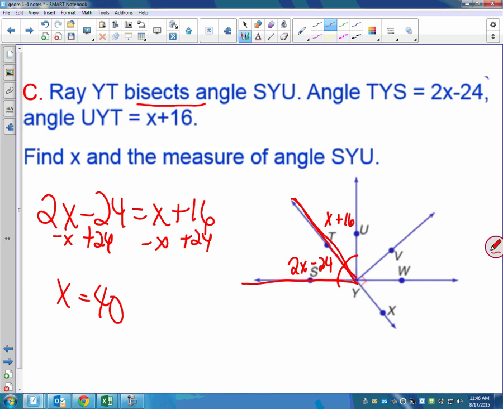Pretty sure. So what happens when we do SYU? Was it really 90 degrees? That doesn't even look right, does it? That means it's 112? Is that right? Is that what that gets when we do this?